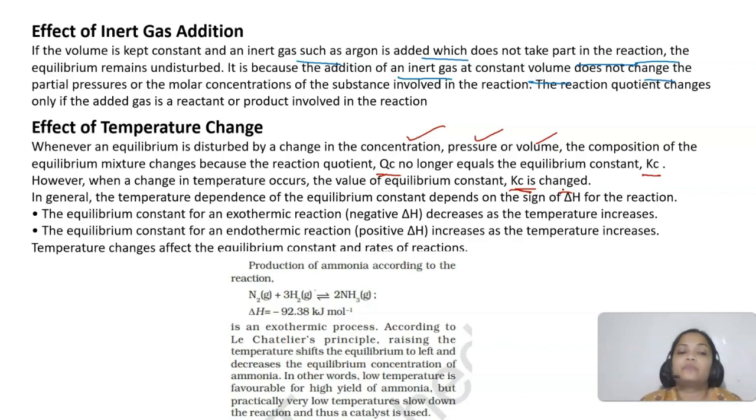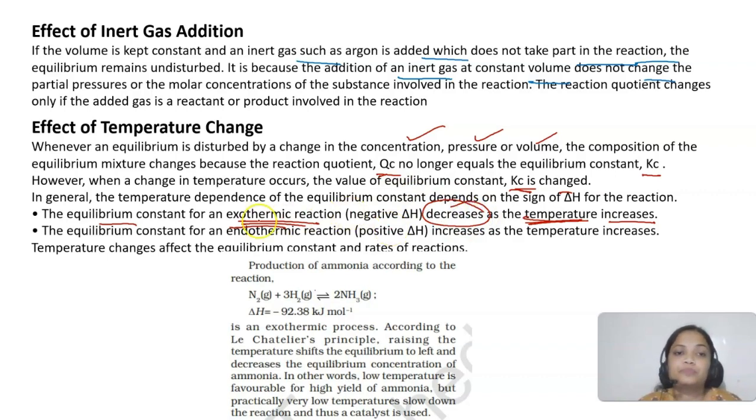All right, now equilibrium constant for exothermic reaction. Okay, अब exothermic reaction के लिए जो equilibrium constant है, exothermic reaction means negative delta H where heat is released. Okay, so in an exothermic reaction अगर हम temperature बढ़ा रहे हैं, if I am increasing the temperature in an exothermic reaction, so the equilibrium constant will decrease.